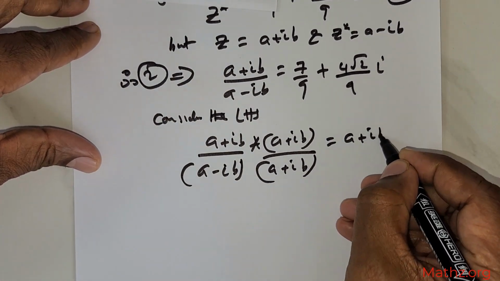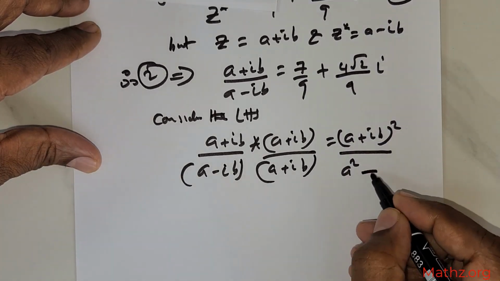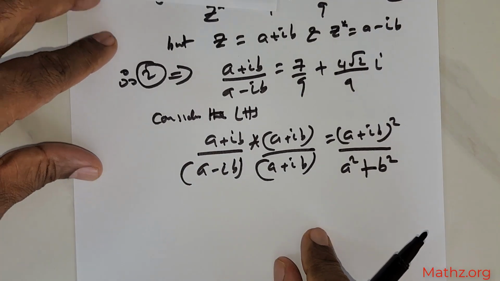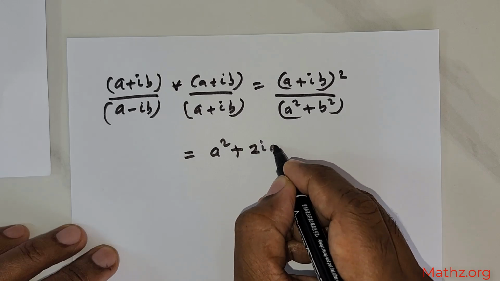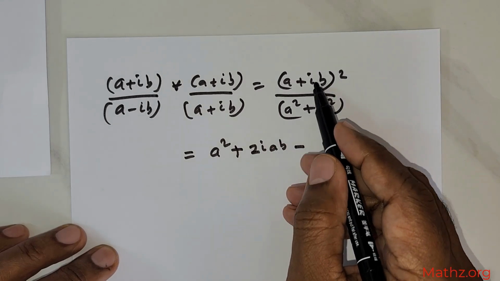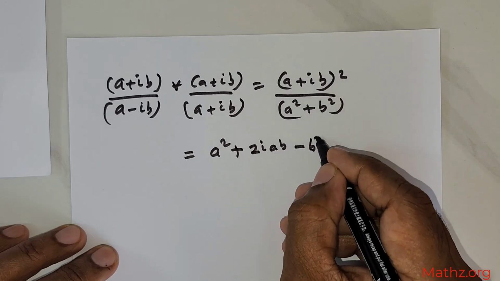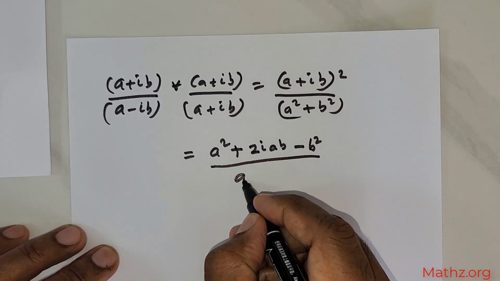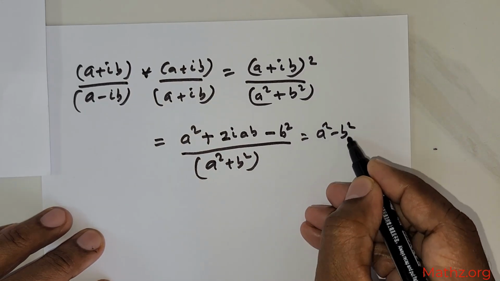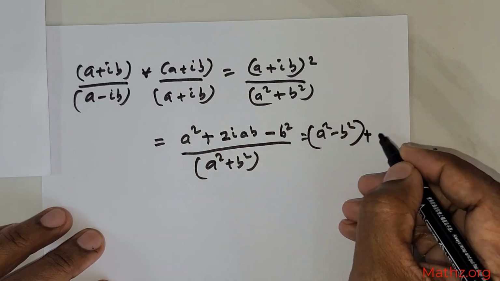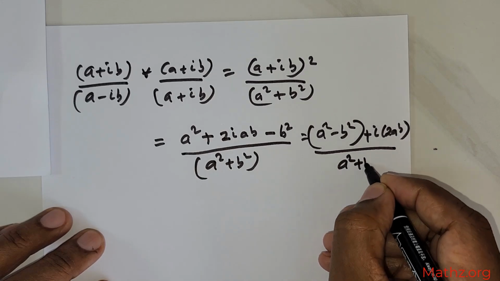This would give me (a + ib) whole squared divided by a squared + b squared, as we have already found the denominator. The numerator is a squared + 2i ab, and you square ib, you get i squared b squared. I squared is negative 1, so this is minus b squared, divided by a squared + b squared. I can rewrite this as (a squared - b squared) + i times 2ab, all divided by a squared + b squared.